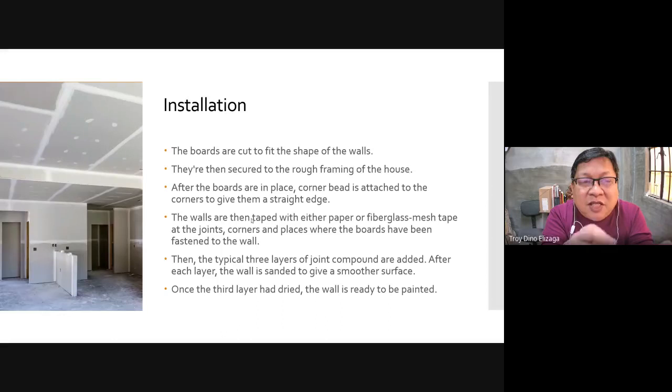You drive the nails through and make sure they are embedded deep into the plasterboard, so that when you apply the patching compound, you can sand it to have a smooth finish and you don't see any nails.